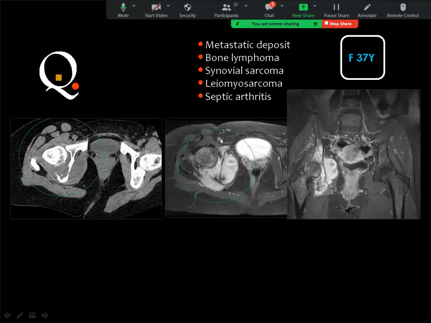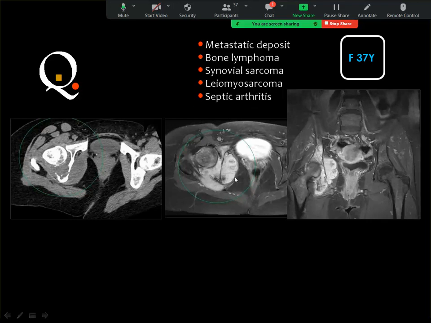But if you follow some of the rules provided through the lectures, and you know that this is an adult patient with a destructive lesion in the pelvis, the possibility of metastasis is there. And you know that included in the differential diagnosis are metastasis, lymphoma, and the primary tumor that can arise here, which is most likely a synovial tumor representing synovial sarcoma. But it's very important not to mistake this lesion for septic arthritis.